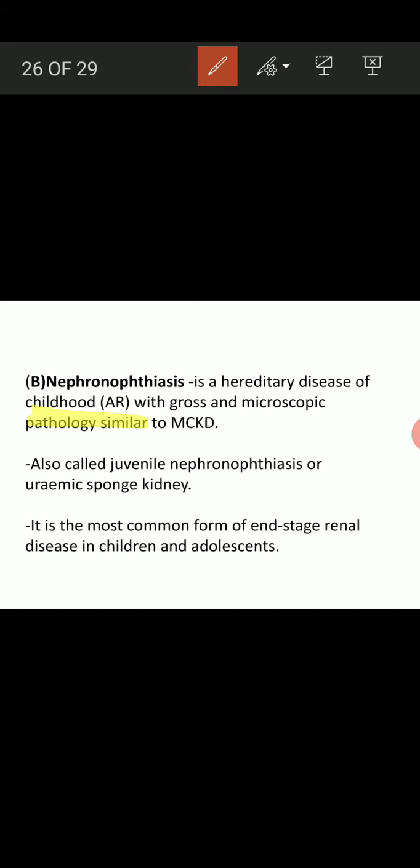In nephronophthisis, the gross and microscopic appearance is the same as medullary cystic kidney disease. Nephronophthisis is also called juvenile nephronophthisis or uremic sponge kidney, because this is common in childhood. It is the most common cause of end-stage renal disease in children and adolescents.